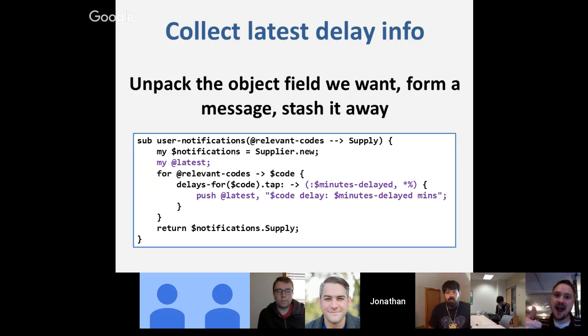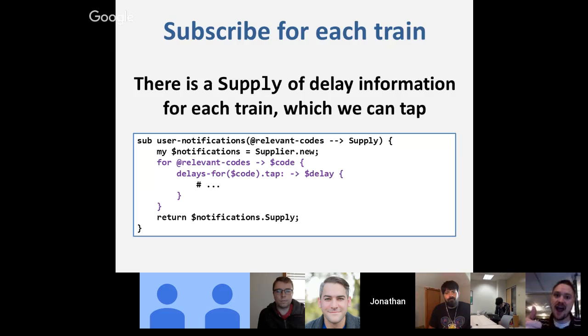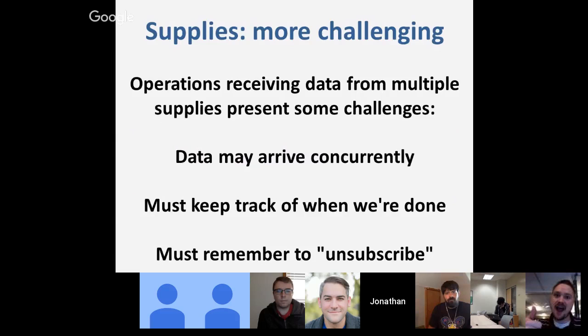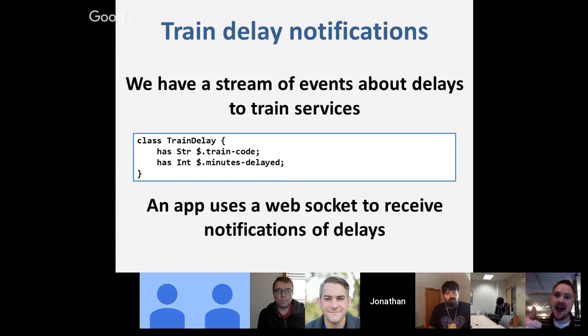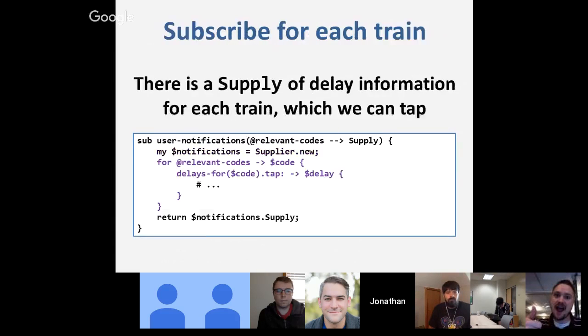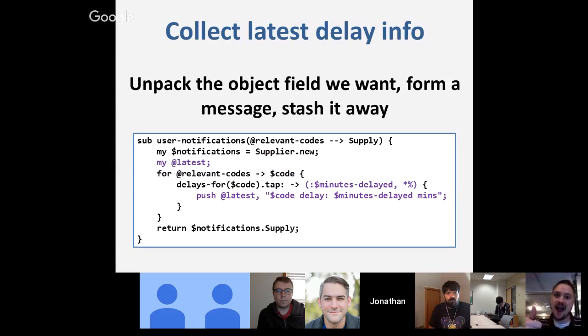We will do a little trick here with Perl 6 signatures. So if you take an object and it's got a bunch of properties, if I just go back a bit, you'll see that this has a train code and a minutes delayed. What you can do with an object is you can say, I want to pretend that this object is an argument list of positional and named parameters.